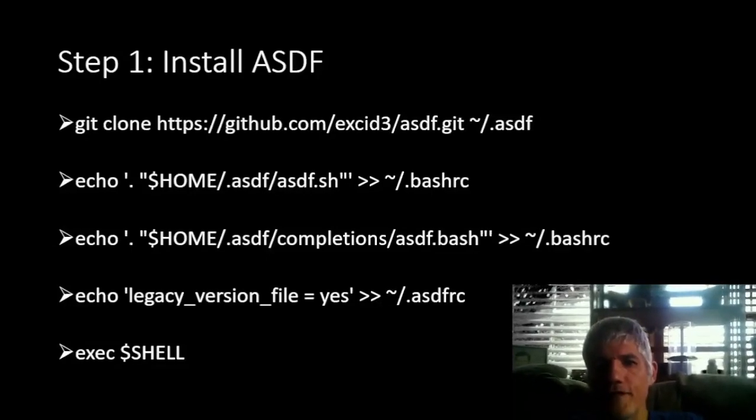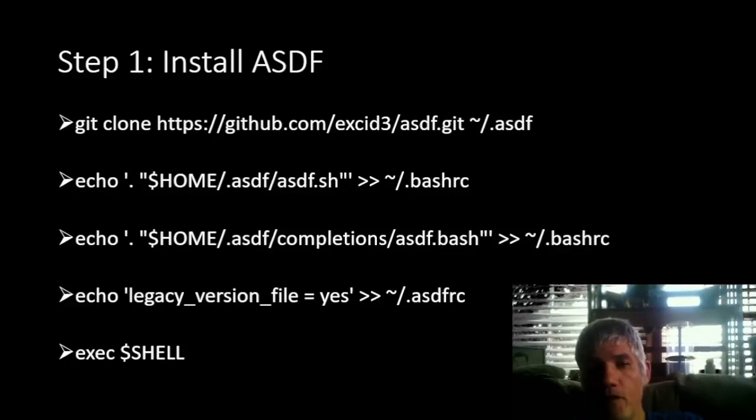Now that we installed the necessary prerequisite packages for Ruby on Rails, we're first going to install a version manager known as ASDF. These are the commands we're going to use to install that program. We're going to clone the software code repository for ASDF from github.com by issuing the following git clone command.